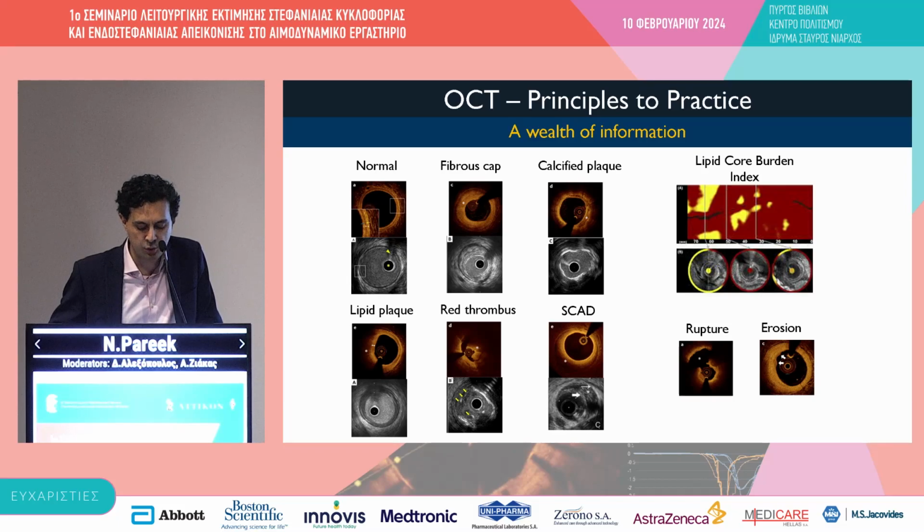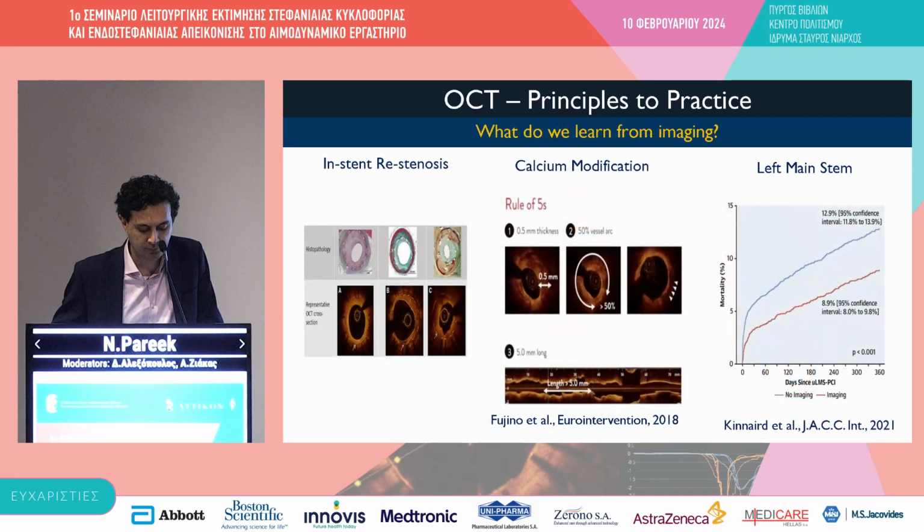And with dual modality catheters such as NIRS IVUS, you can get more nuanced characterizations such as the lipid core burden index, or understand mechanisms of disease such as rupture and erosion. You're seeing so much more than the 2D luminal angiogram.